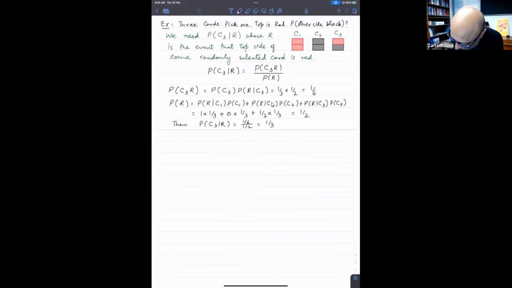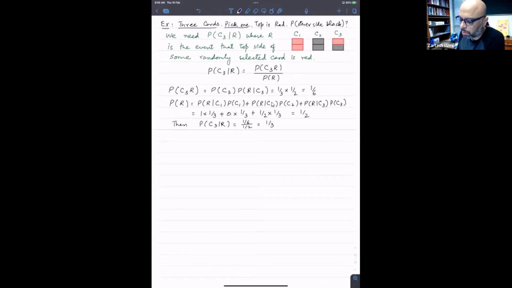So now you are given this information that there are 3 cards, and the 3 cards are such that one card has both sides red, another card has both sides black, and the third card has one side red and the other side black. So the experiment consists of picking one card and then putting this card either face up or face down.